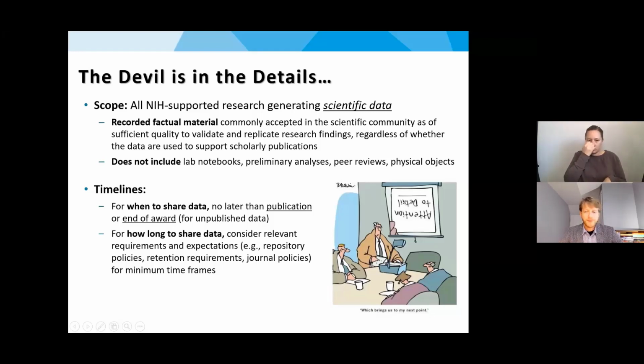So for example, many repositories set expectations for minimum timeframes that data will be shared for, as do journals. And NIH awards also have records retention requirements that come with them. So typically 3 years for grants or 6 years for contracts.